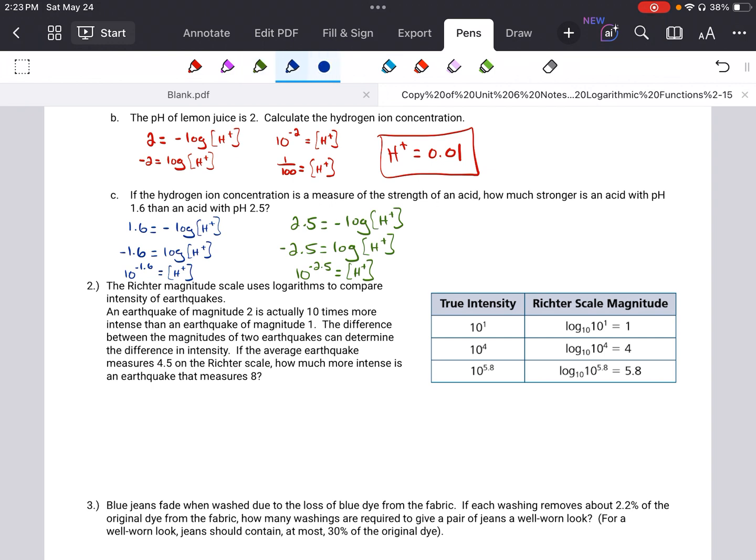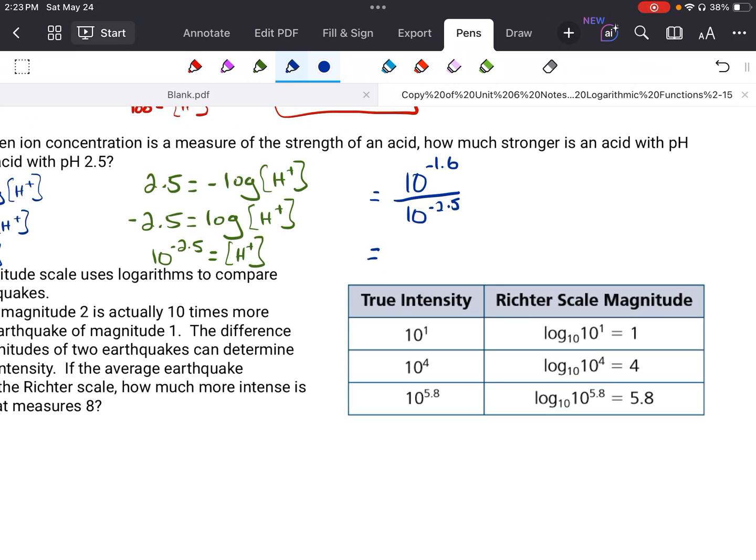So the strength will be 10 to the power -1.6 divided by 10 to the power negative 2.5. And we know through our division law with exponents, we are subtracting. So negative 1.6 minus negative 2.5 will give us 10 to the power 0.9, which is 7.9.